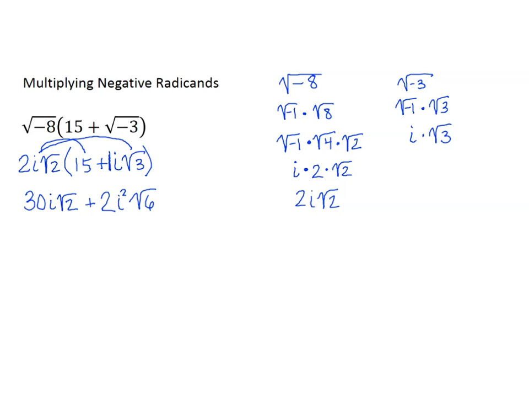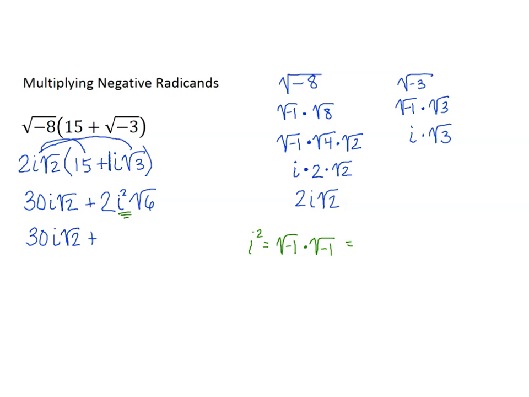All right, now I can simplify this just a little bit further. I'm going to keep this 30i root 2 because there's nothing I can do with that. But in the second part, I have an i squared. And remember that i squared is the square root of negative 1 times the square root of negative 1.